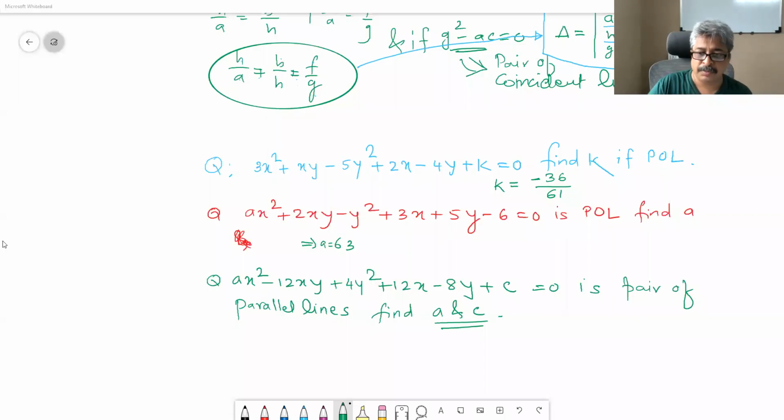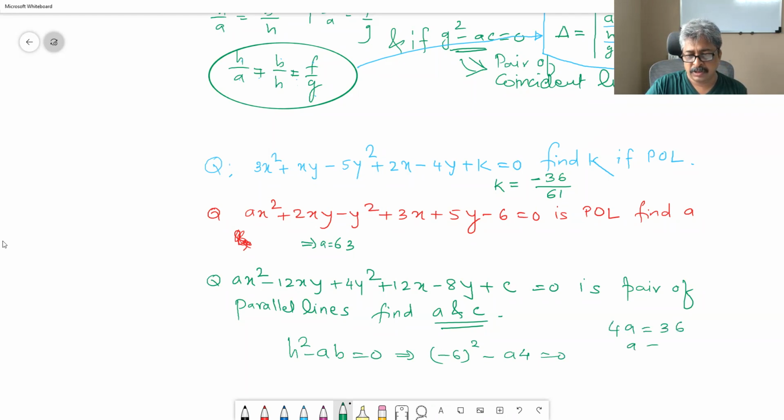Okay, so if this is a pair of parallel lines, then h square minus ab must be 0. h is minus 6, bracket square, minus a into b which is 4, should be 0. So 4a is equal to 36, a is equal to 9.